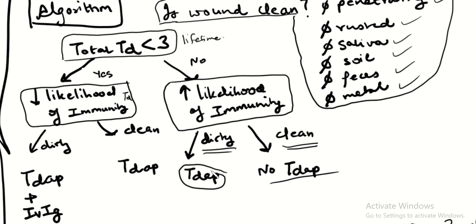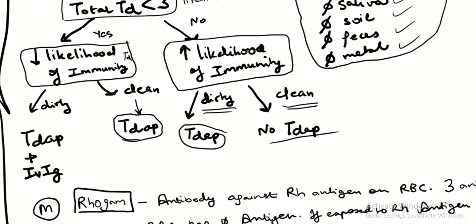Okay. Let's say their tetanus shots are less than 3, that means they have low likelihood of immunity. So if the wound is clean, just give them a Tdap and they should be good. That's because we don't know if they have enough immunity to tetanus. If the wound is dirty, I'm going to give them both Tdap and immunoglobulin against the tetanus toxoid.